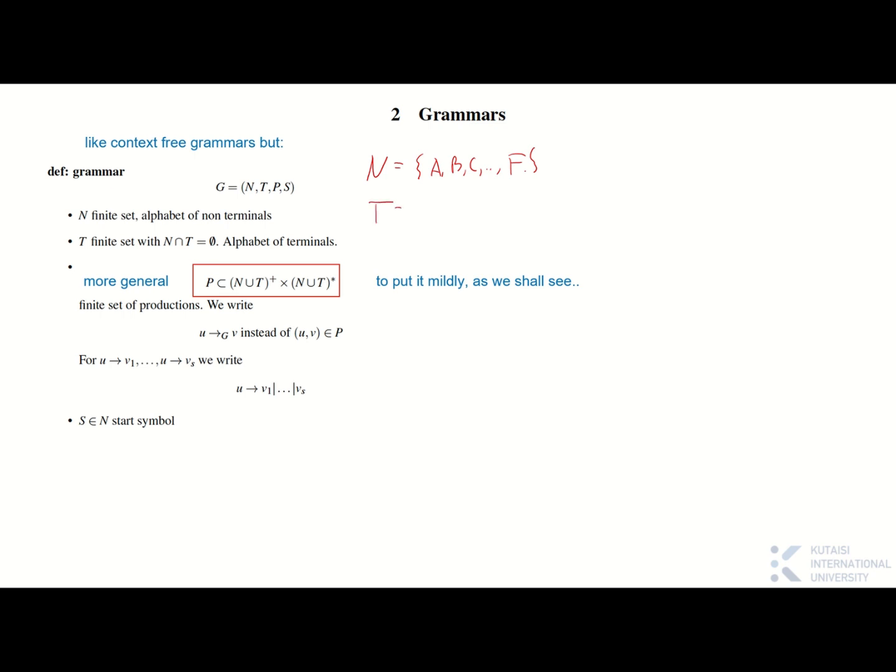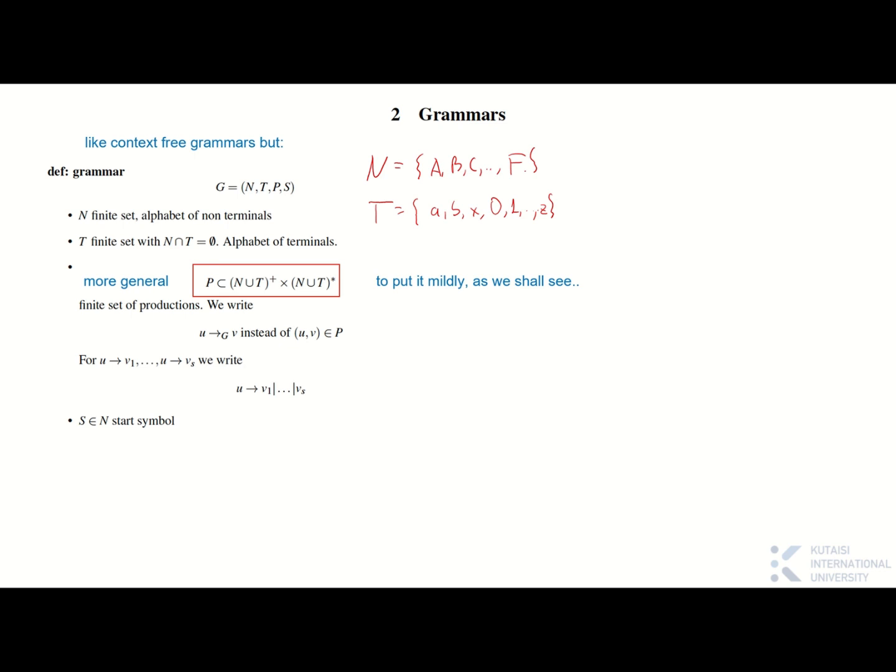Then T we will denote with small letters, a, b, x, maybe also 0, 1 sometimes. But it also has to end somewhere. So these are two finite sets, and I will assume that they do not have anything in common. Something cannot be a terminal and a non-terminal at the same time. Terminals are different things, non-terminals are different things.